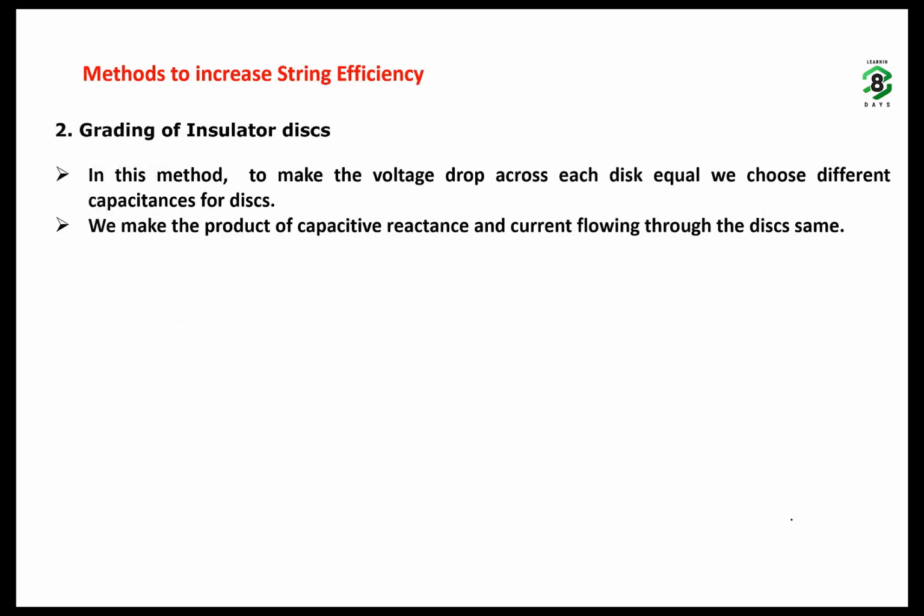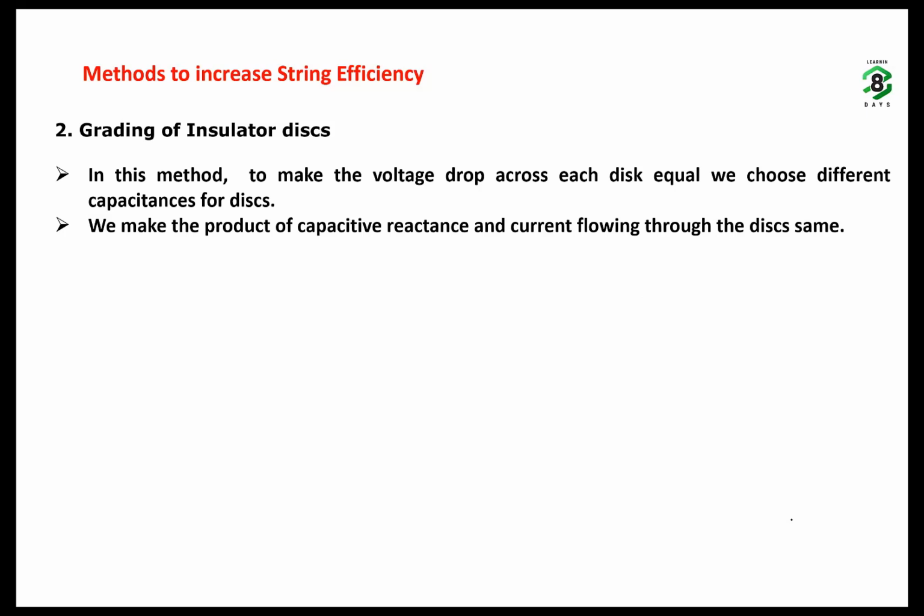Second method is grading of insulators. In this method, the basic concept is, instead of using identical discs with the same capacitance value, we will use discs with different capacitances.